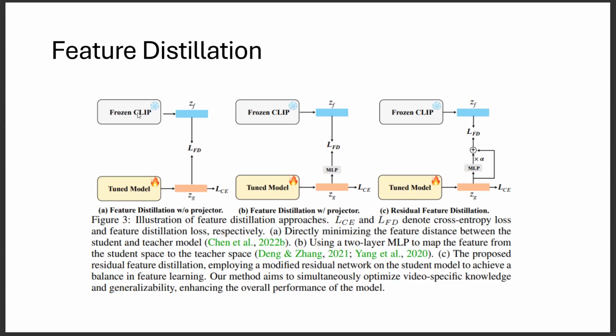So if we want to use two different kinds of teacher and student models, where the teacher model is not exactly similar to the student model, so the embedding space is different, we can project the student's embedding to the teacher's embedding space using an MLP or something, and use L2 loss.